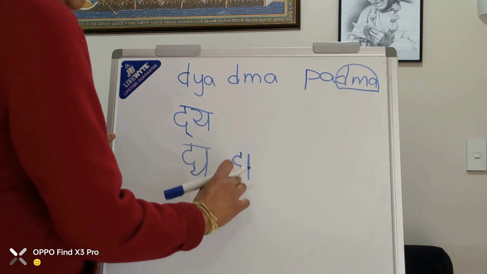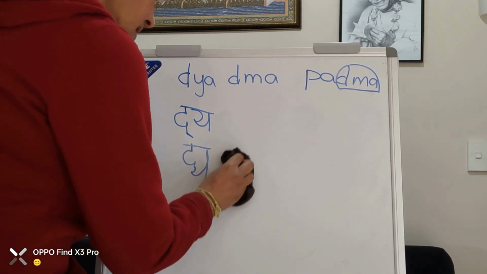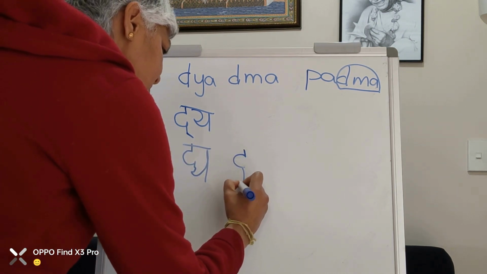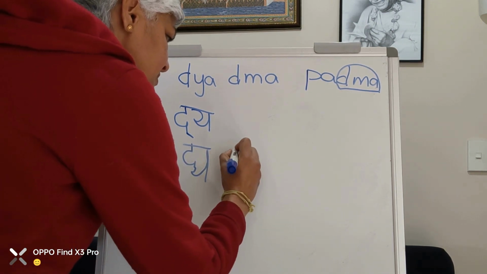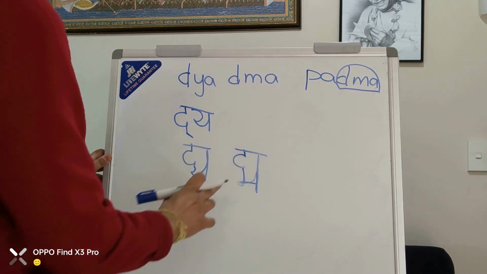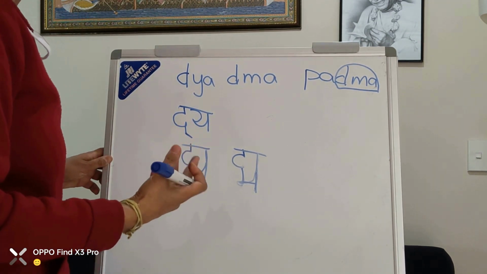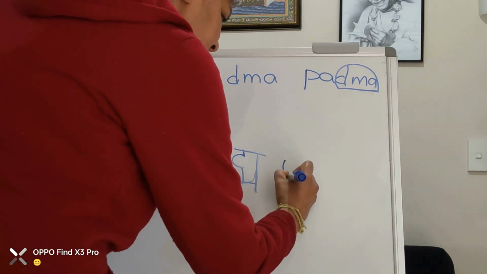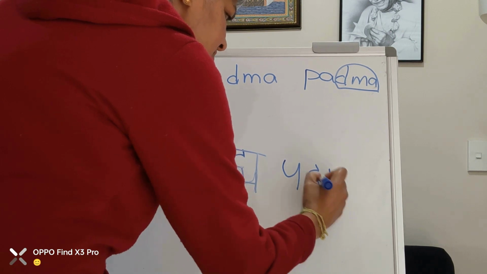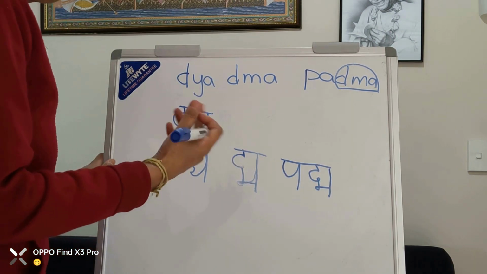So you have the too small, isn't it? Let's make it a little bigger. Dma. So if we want to write Padma, how do we write it? Pa, ma. Vidya.